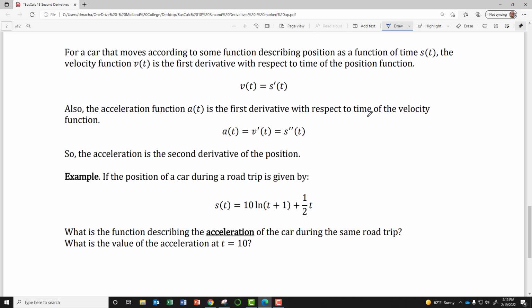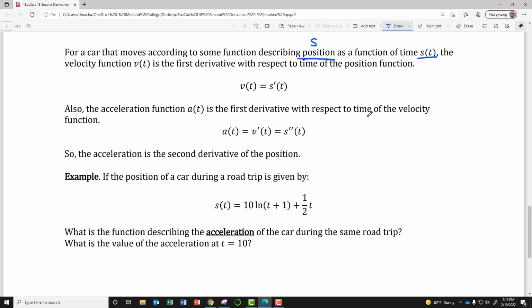Now for a car that moves according to some function describing position as a function of time, we're going to let position be s, and so whenever I say position is a function of time, we'll write s of t. The velocity function is the first derivative with respect to time of the position function.